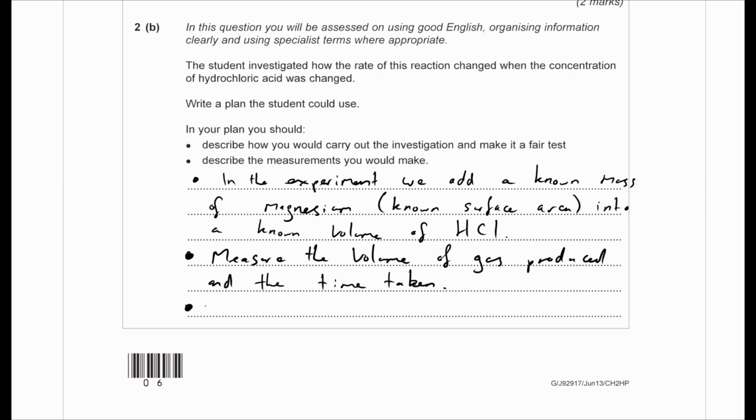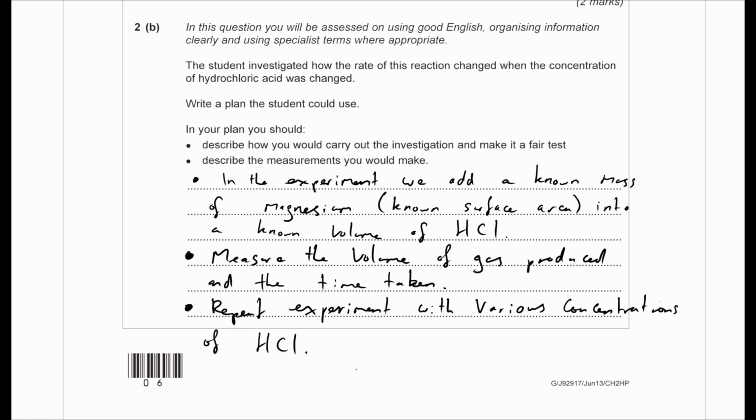Okay, and then finally we are going to repeat the experiment with various concentrations of HCl. Repeat each experiment, right?